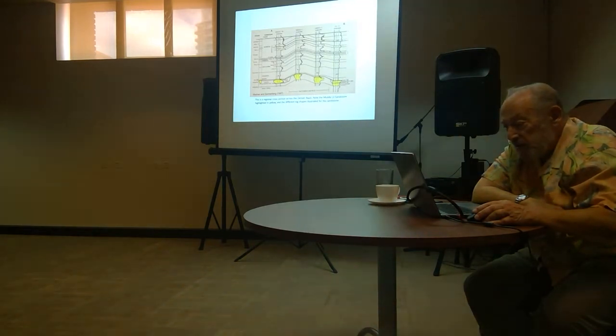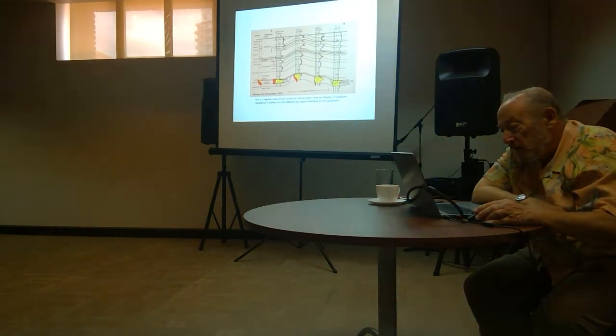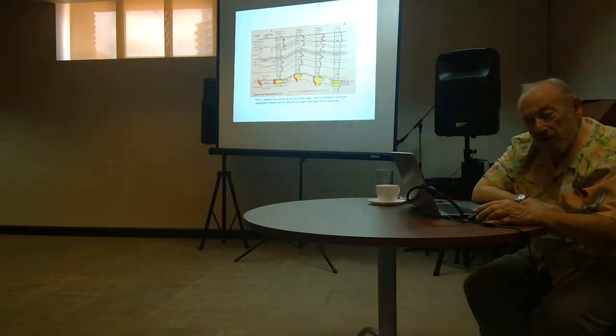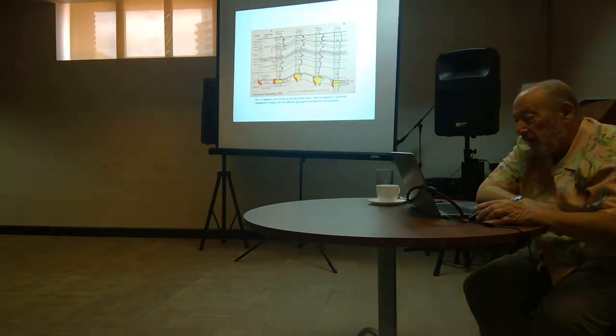So here you see kind of a lens-like shape to the edge. Here you see kind of a blocky log pattern. Here you see kind of a cleaning upward log pattern. This is also kind of a cleaning up log pattern. And here you've got kind of cleaning upward, but then it kind of gets more blocky.